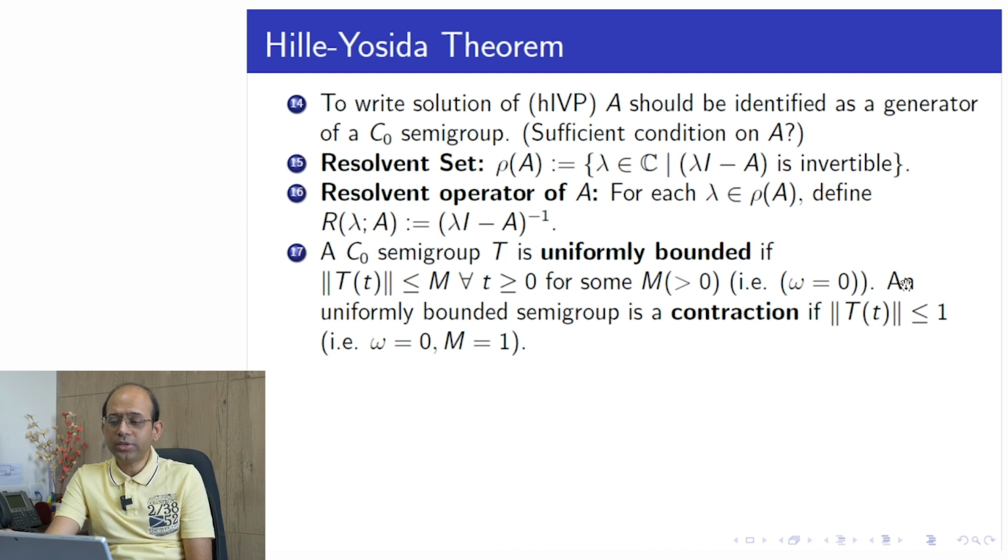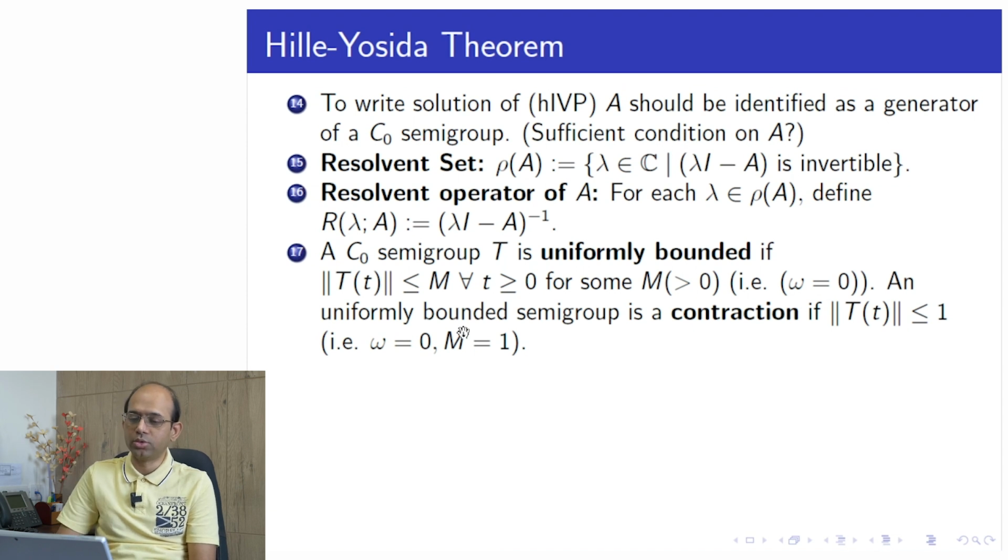Now, furthermore, if a uniformly bounded semigroup satisfies the condition that the norm of T(t) is less than or equal to 1, that means capital M is equal to 1, then that semigroup is called a contraction. So a uniformly bounded semigroup is a contraction if the norm of T(t) is less than or equal to 1. That is the case omega is equal to 0 and capital M is equal to 1.